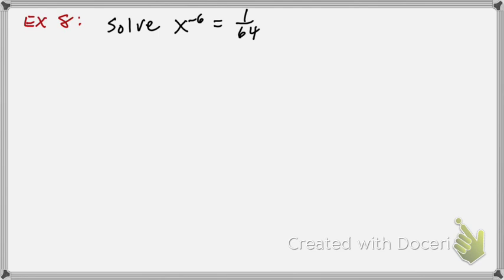Well, I can visualize this as just 1 over x to the 6th, right? If we're good with that, can I cross multiply?